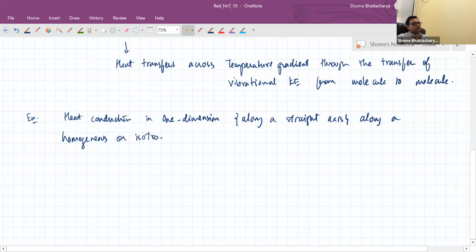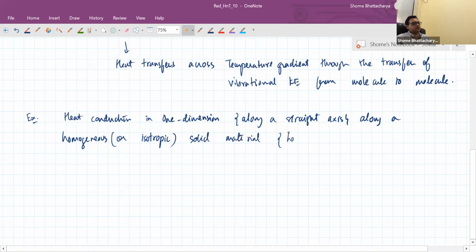Isotropic basically means homogeneous as far as physical properties are concerned. So any material is called isotropic when its physical properties are homogeneous over its substance. So across along a homogeneous or isotropic solid material.